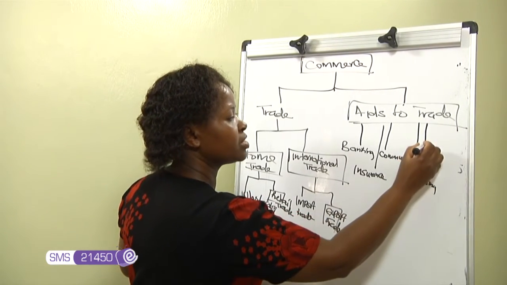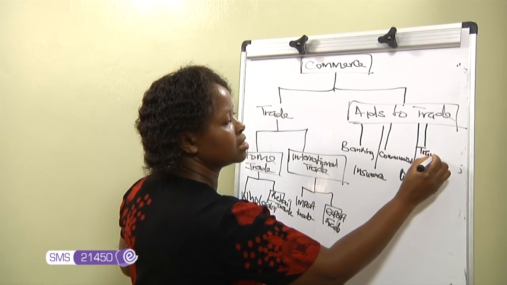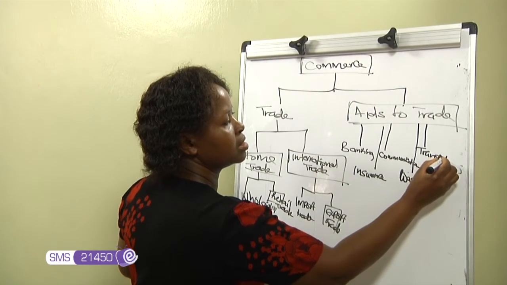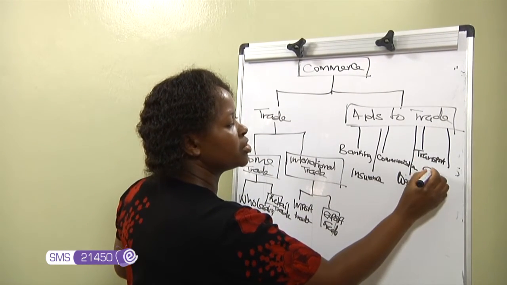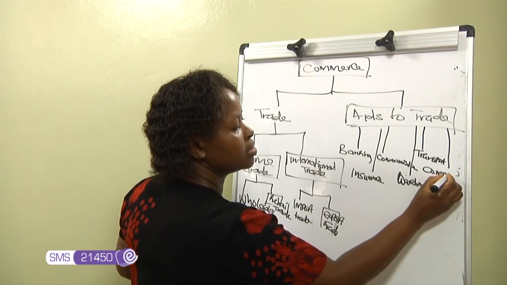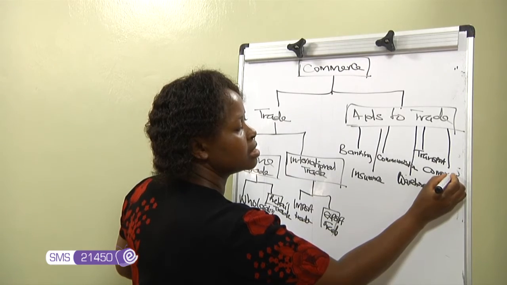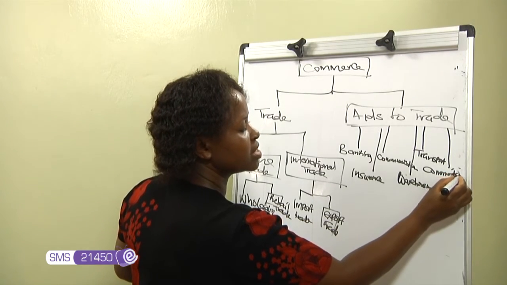We have transport and communication. Those are the 6 aids to trade.